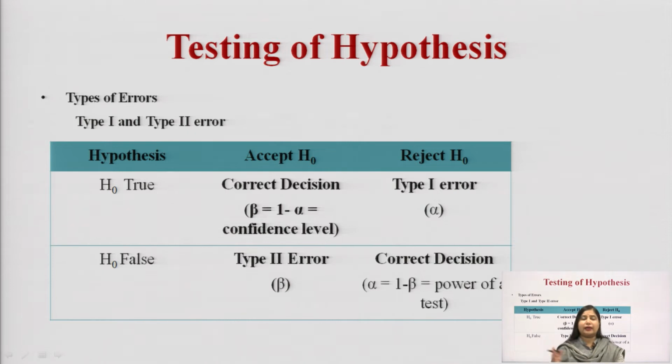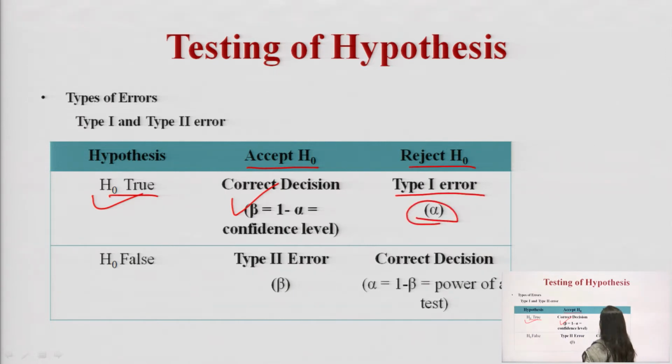And it can be represented as, the table shows that suppose the null hypothesis is true, and if we accept the null hypothesis, then this is a correct decision. But if you reject the null hypothesis when the null hypothesis is true, then it is called our type 1 error, which is represented as alpha.